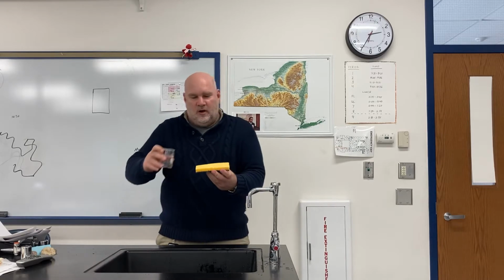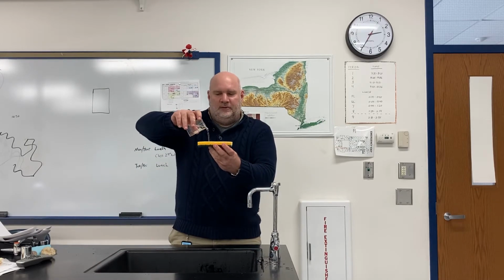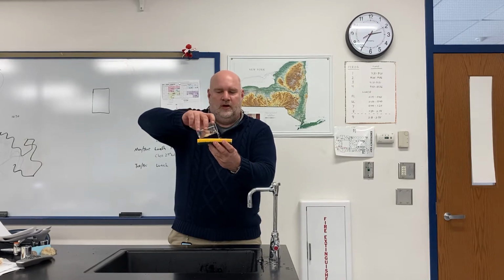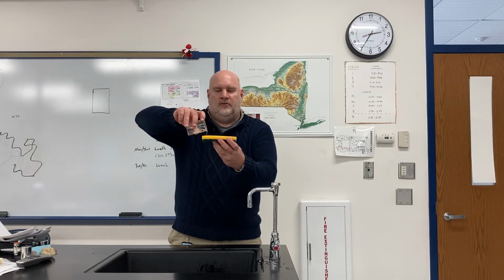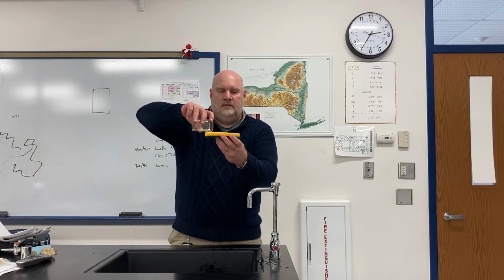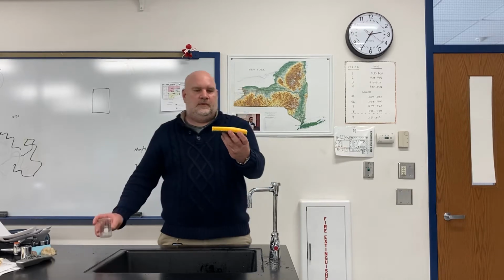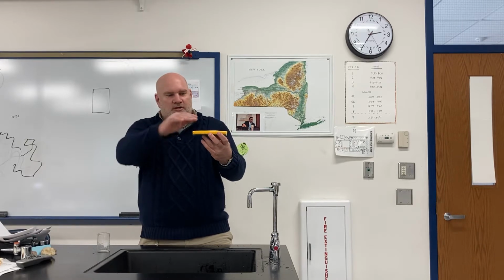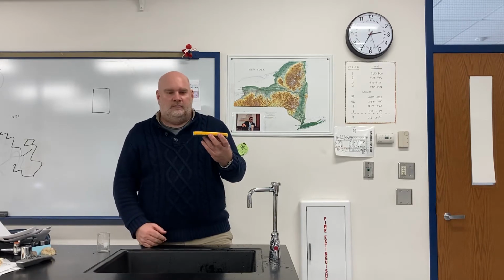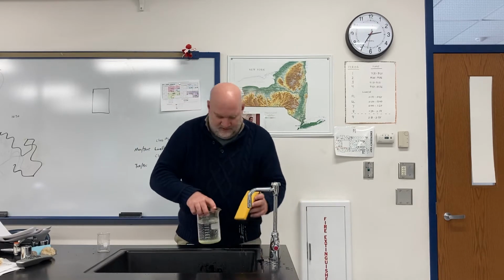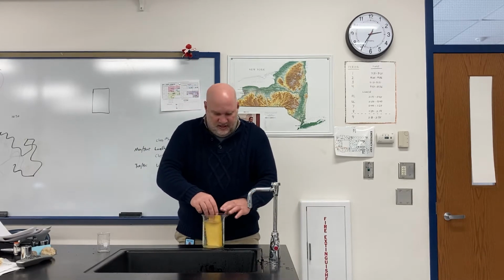When I pour the water on the sponge, there's places for the water to go, and as a result, the water goes there. When there was a lot of empty space in the sponge, the sponge took the water in.